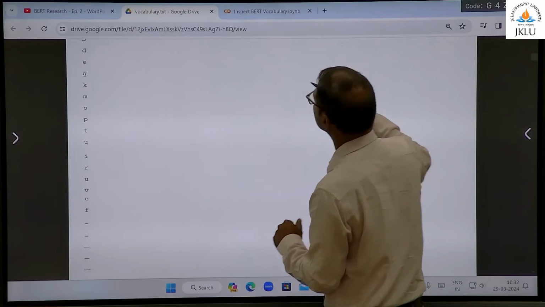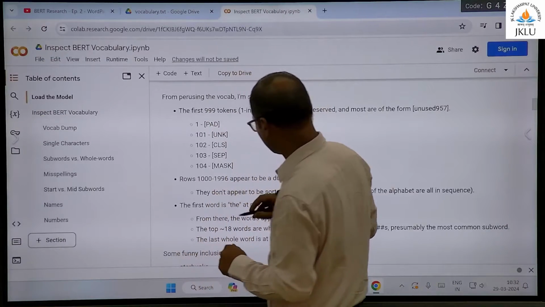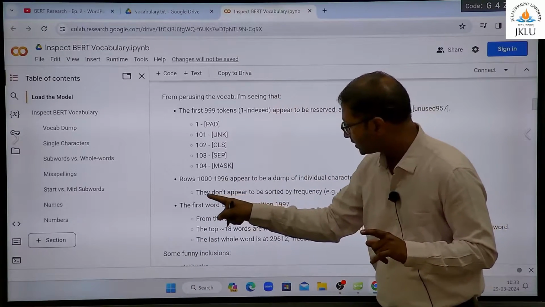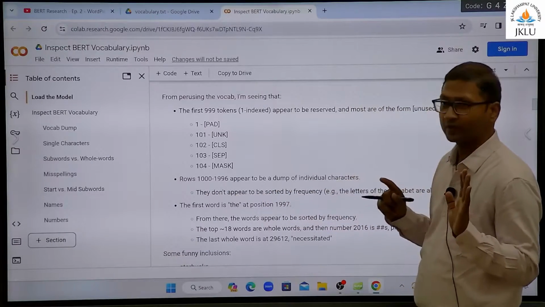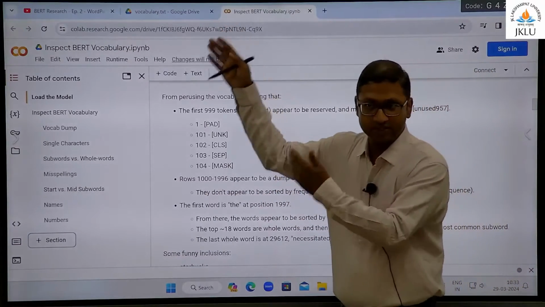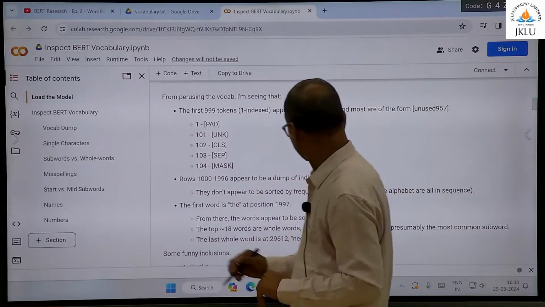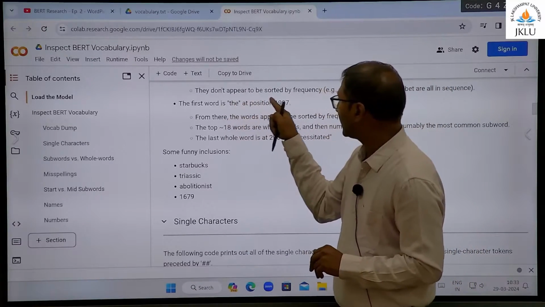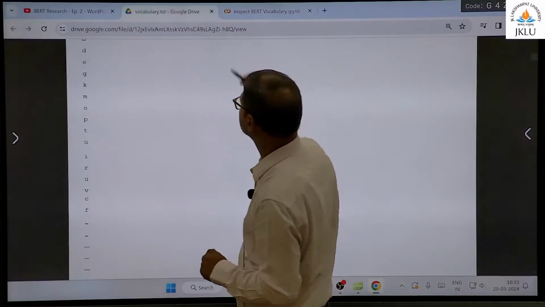So Chris here mentions they don't appear to be sorted by frequency. So these are just dumped there, not sorted as such. Now the first word is there at position 1997.